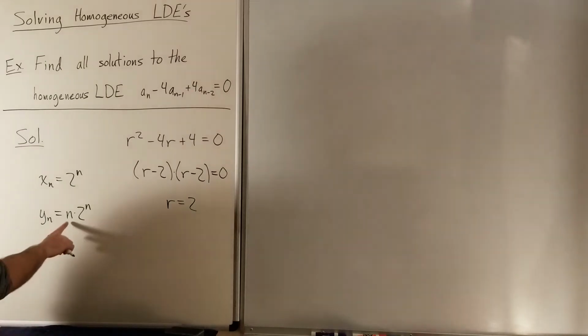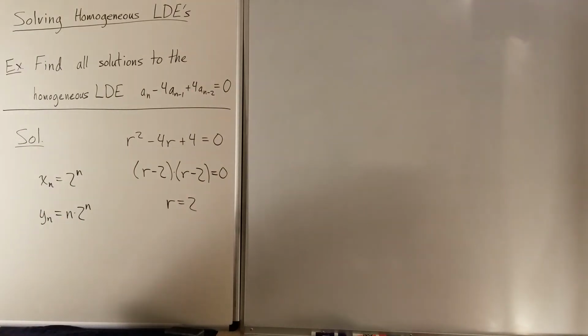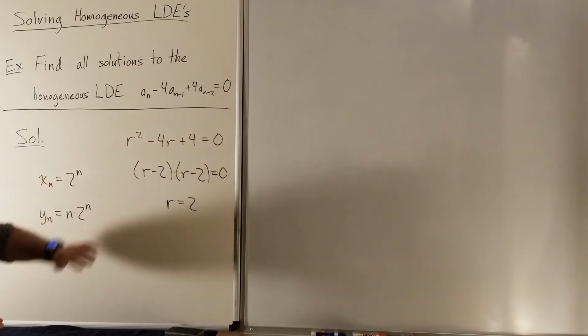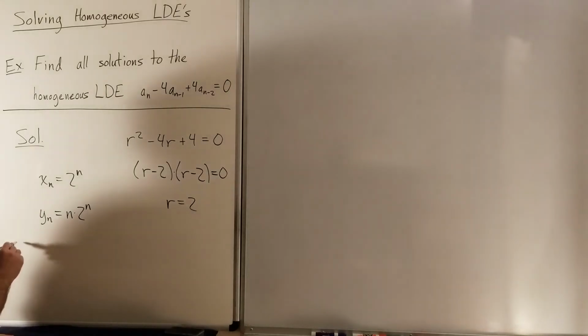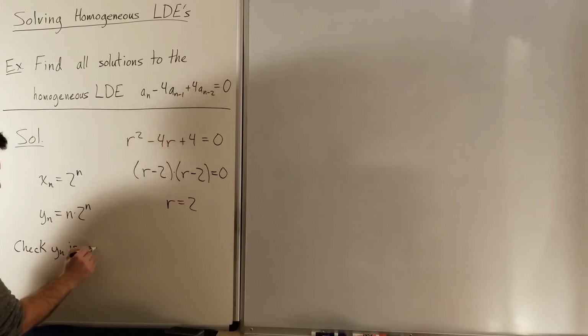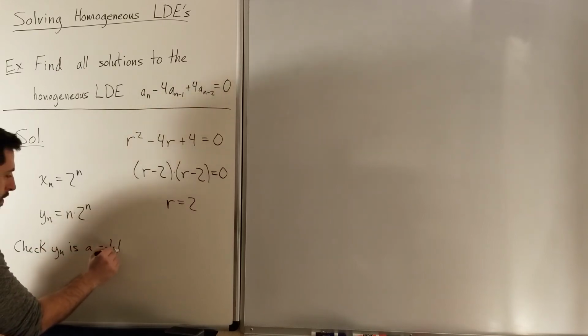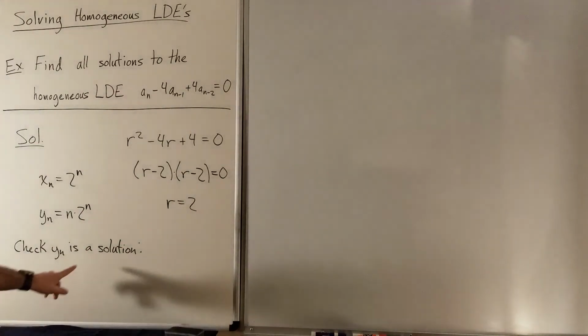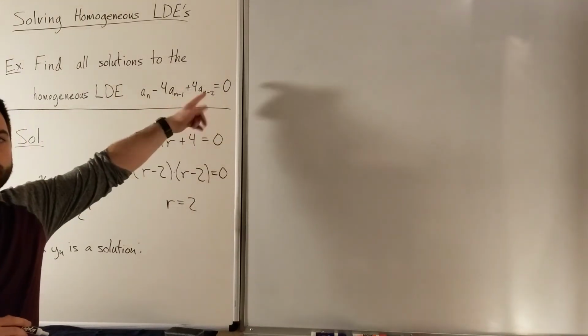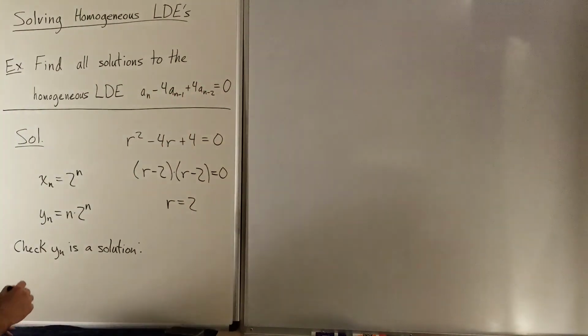So it's not obvious using our auxiliary equation that this will actually be a solution, so let's run through that check real quick. What does it mean to check this? I need to plug it into the original equation and make sure I get out 0.